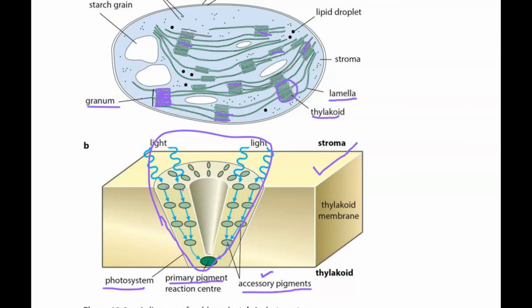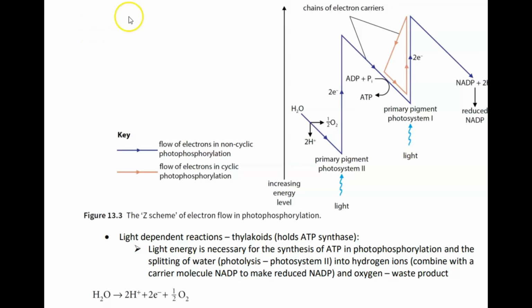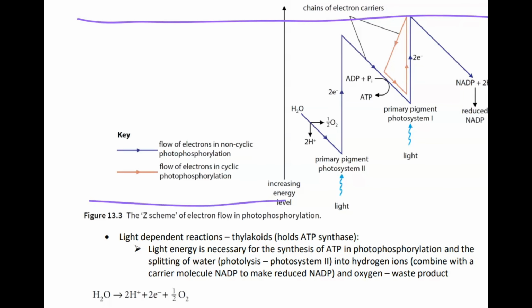Let's begin with that. Here is the phospholipid bilayer present, from here to here, which is the thylakoid membrane. Up to this portion is the thylakoid membrane, which contains phospholipids. Phospholipids are molecules which are arranged in a bilayer.